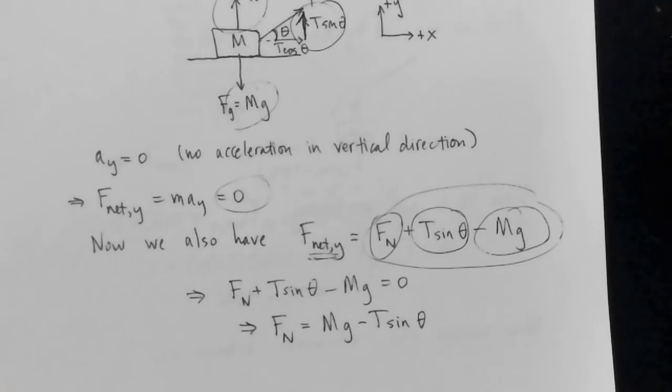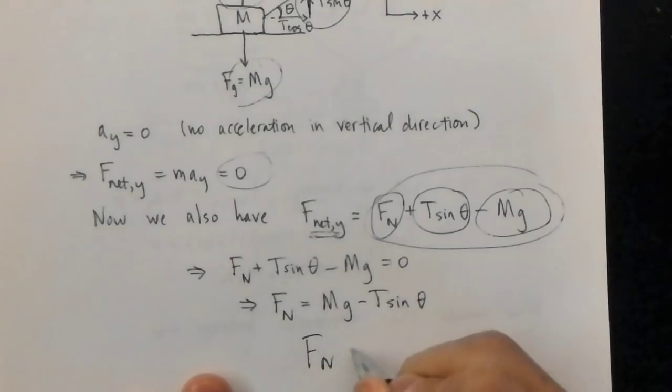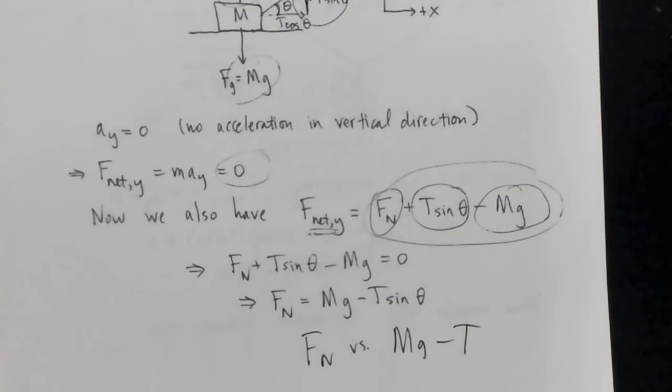So what do you think? If I compare Fn versus mg minus T, would it be bigger than this, less than this, or equal to this?